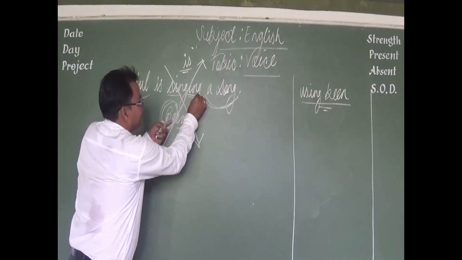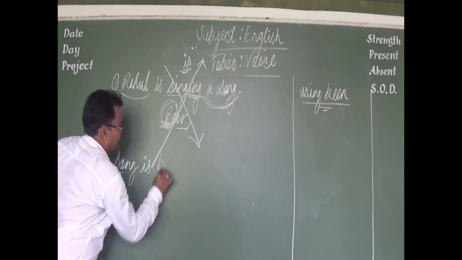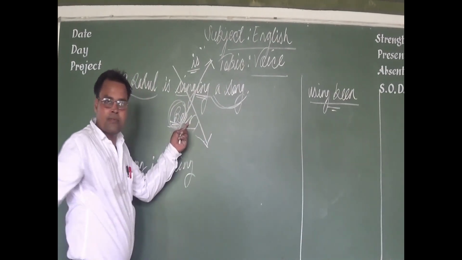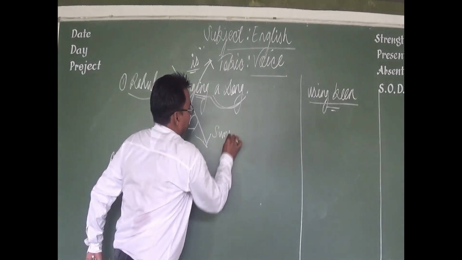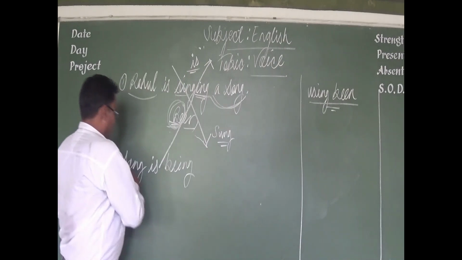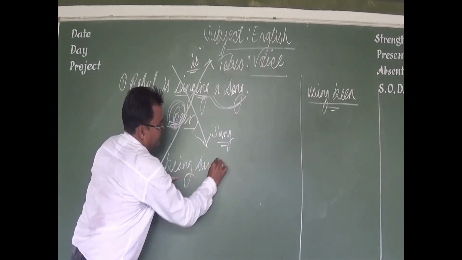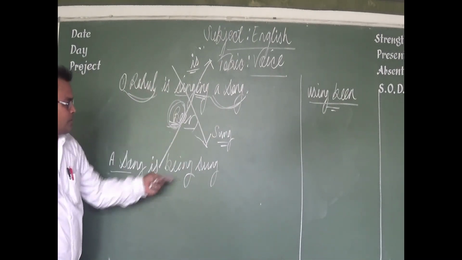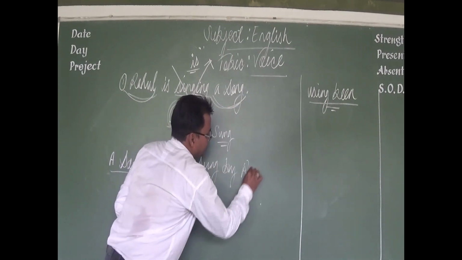Be plus ing, being. And the third form of singing, that is sung. So, a song is being sung. What is our subject? Rahul is our subject. So, a song is being sung by Rahul.